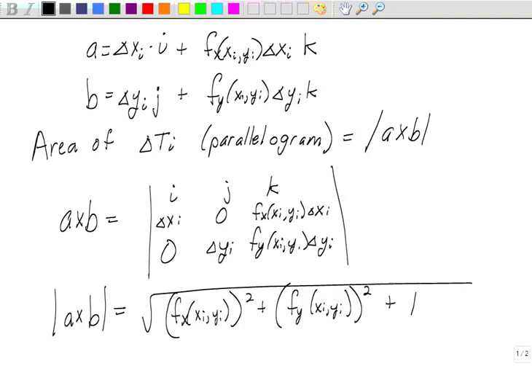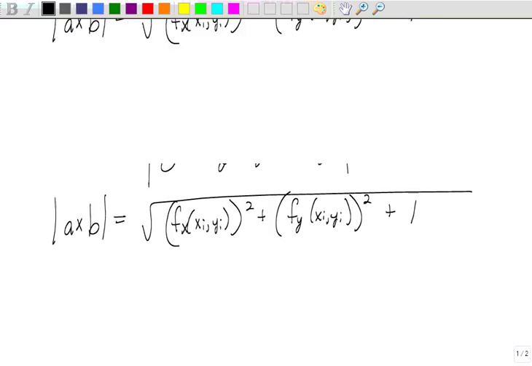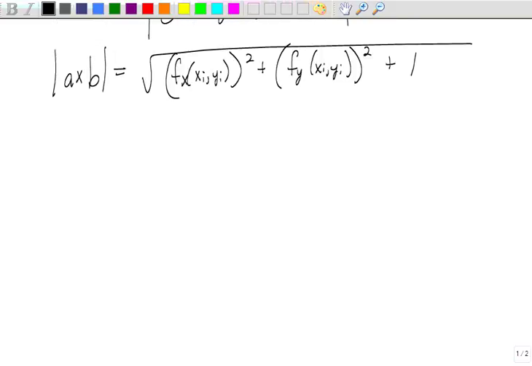And so if we take the limit and add all those up, then that's going to be the surface area.